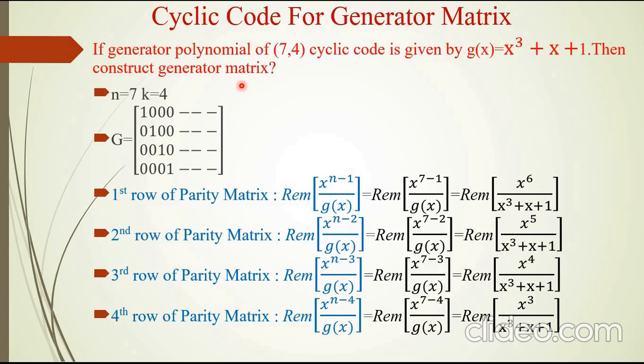So here, if the generator polynomial of a (7, 4) cyclic code is given by g(x) equal to x cube plus x plus 1, then construct the generator matrix. So the (7, 4) cyclic code is given, g(x) is x cube plus x plus 1, and we need to construct the generator matrix.